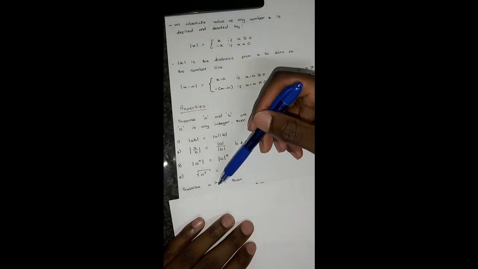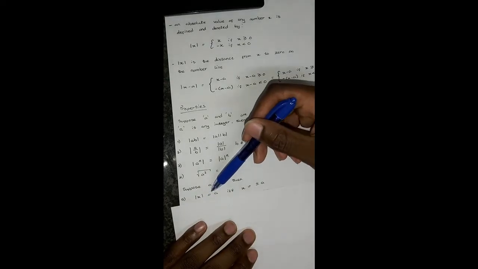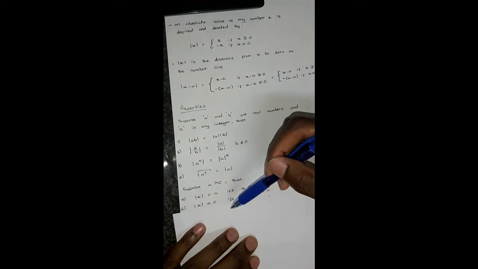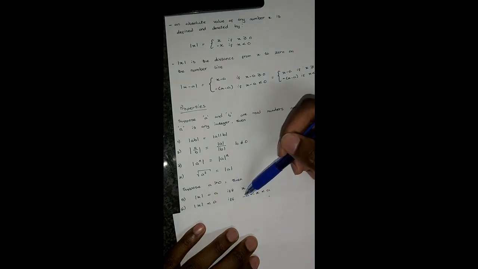Okay, so some additional properties. Suppose a is greater than 0, then modulus of x is equal to a if and only if x is equal to plus or minus a. And then the second one, modulus of x is less than a if and only if x is greater than negative a but less than a.